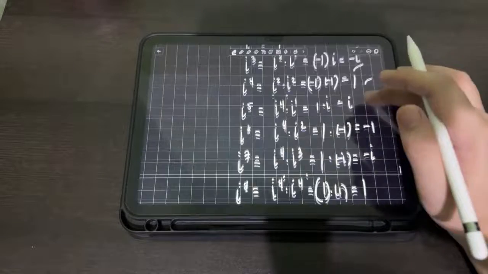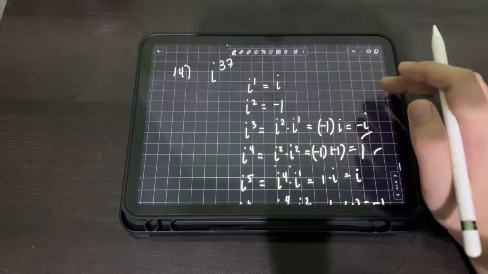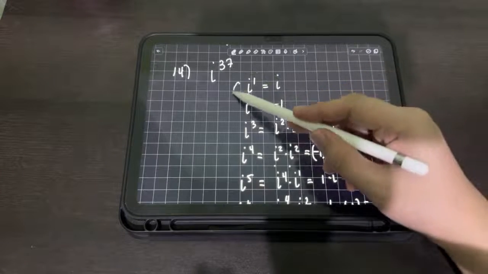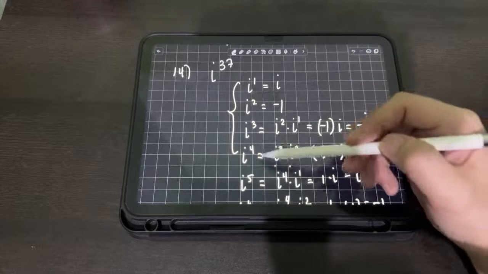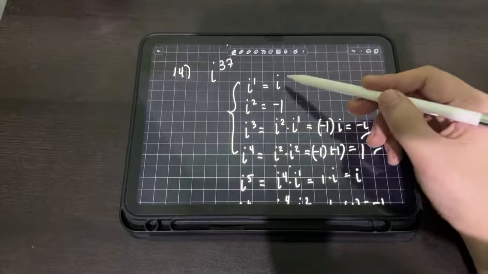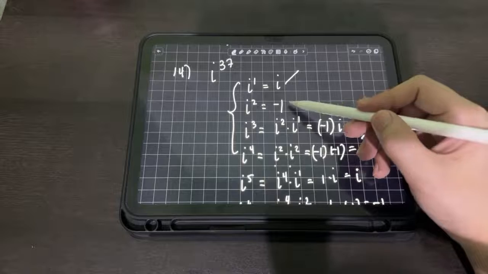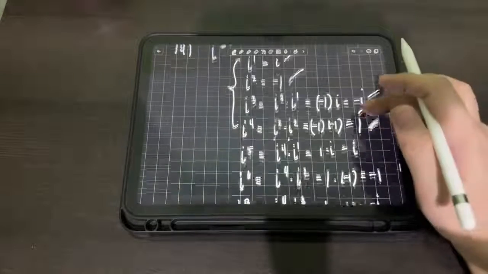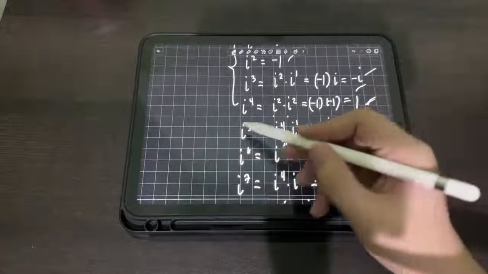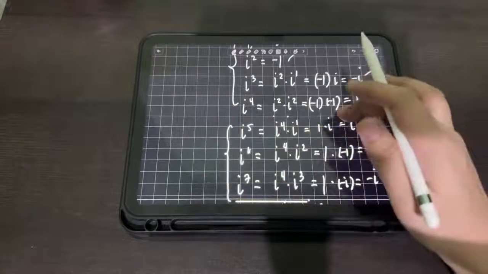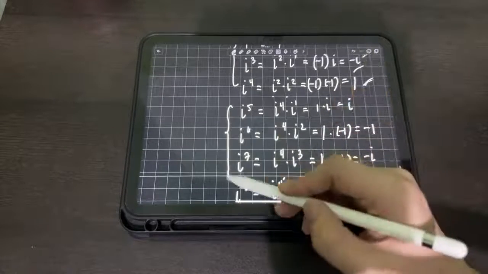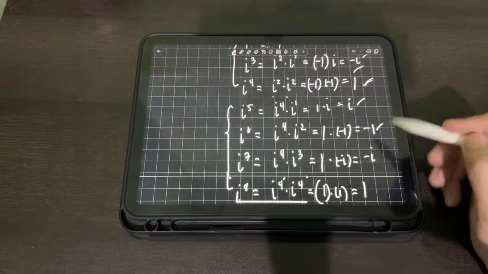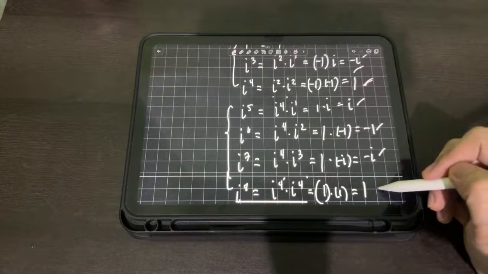So see, we have a repeating pattern for the powers of i. For the first 4 powers, i to the first to i to the fourth, it corresponds to i, negative 1, negative i, 1. Likewise, from i to the fifth to i to the eighth, it is the same as the first 4: i, negative 1, negative i, and 1.